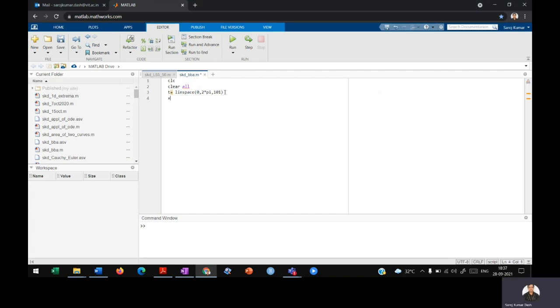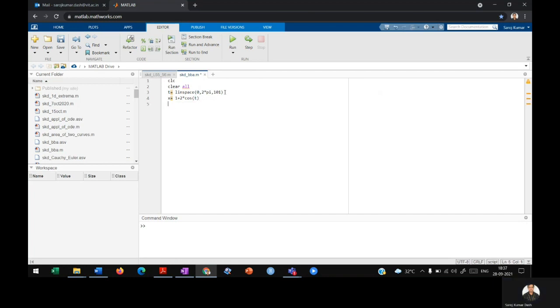Then we define x is equal to 1 plus cos t. Correct.